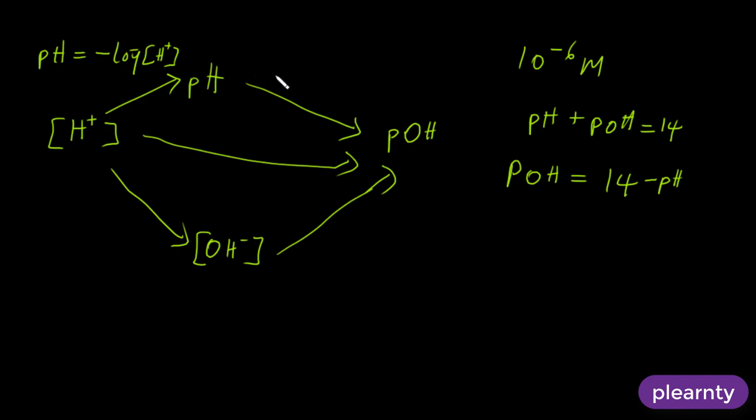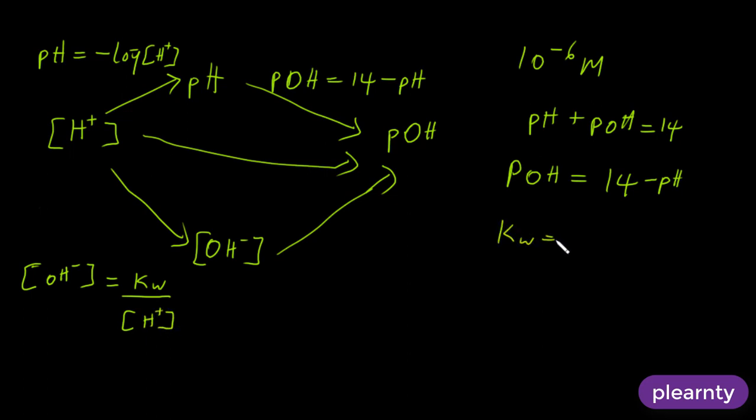Another way is to use your ion product. Hydroxyl ion concentration is equal to the ion product, which is Kw, over hydrogen ion concentration. Kw is a constant and the value is 1 times 10 raised to power minus 14 molar square.